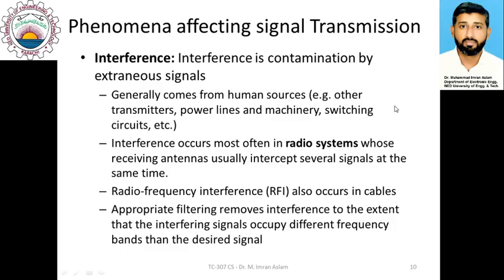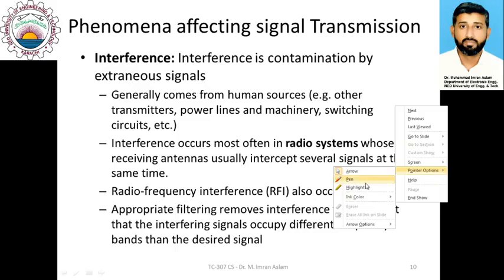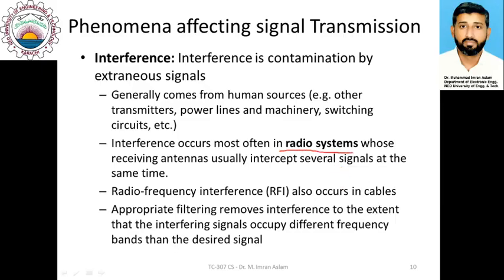This interference is more common in radio communication systems or wireless systems, where antennas capture different types of signals which are present in the free space. Because of the presence of all those signals, we get some sort of interference in our desired signal.